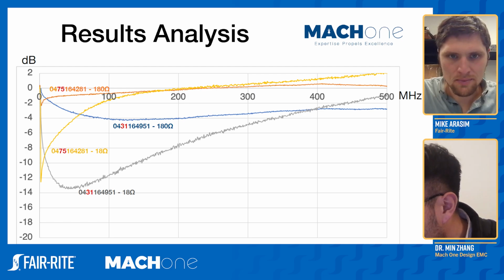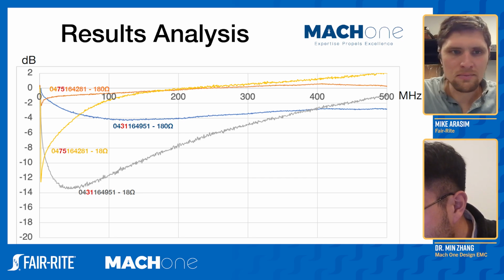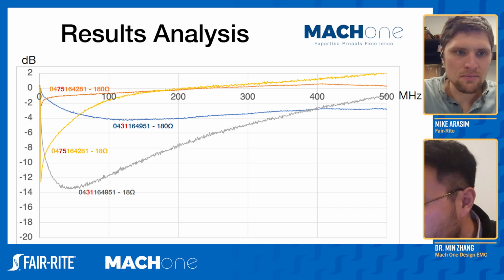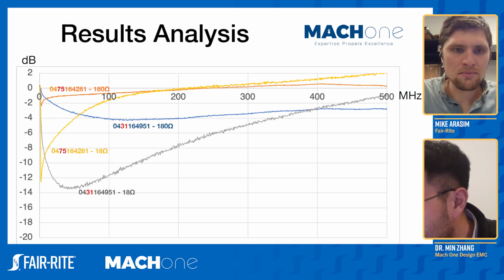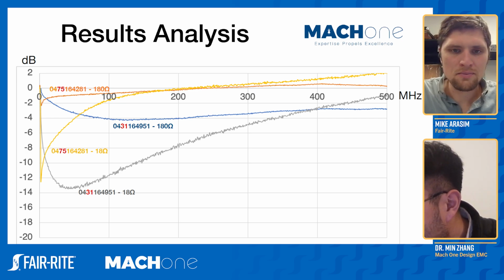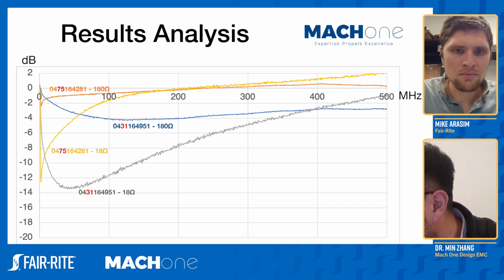If we compare these two curves, both 31 material, one in the lower impedance and one in the higher impedance, at higher frequency we can see that for the higher impedance circuit, the attenuation, the insertion loss, actually is higher than the low impedance circuit. This is where they cross, and then the higher impedance path actually shows better performance compared to the lower impedance path.